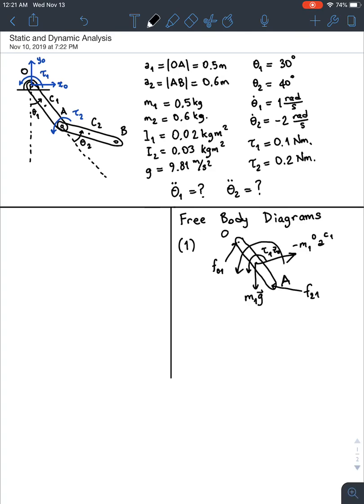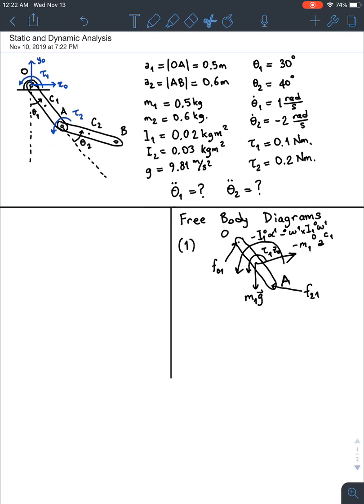That's minus the moment of inertia of the first rigid body times the angular acceleration of the first rigid body, minus the angular velocity of the first rigid body cross the moment of inertia of the first rigid body times the angular velocity of the first rigid body.